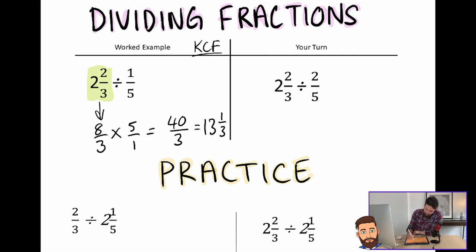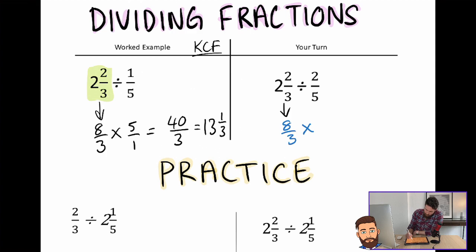And then finally, for your turn, same thing. We've got a mixed number that needs changing. So 3 times 2 is 6, plus 2 is 8 over 3 again.